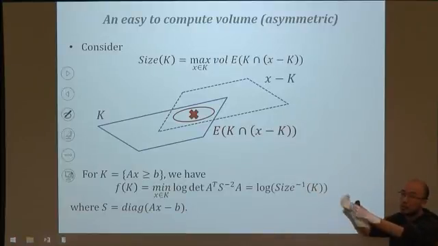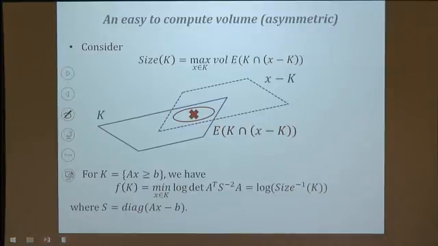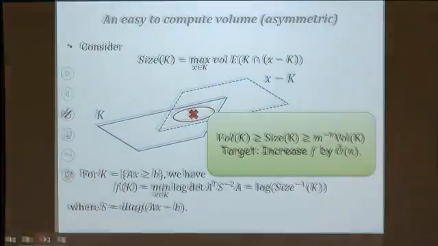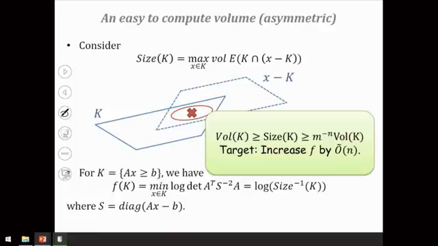Slack is the distance to the constraint. And you can prove a theorem like this. This is still a good approximation. This is still some exponential approximation, m to the negative n, which is good for us. We just pay n more iterations, not m iterations, which is good.